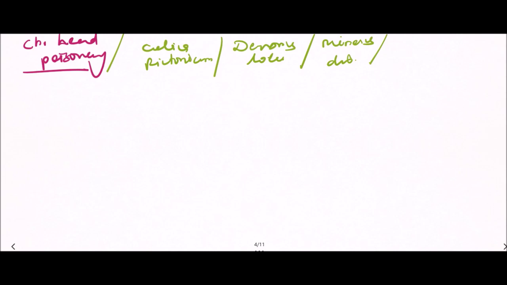It is also known as plumbism, because lead is known as plumbum in Latin. That's why it is known as plumbism or Saturnism. So these are the other names of chronic lead poisoning.